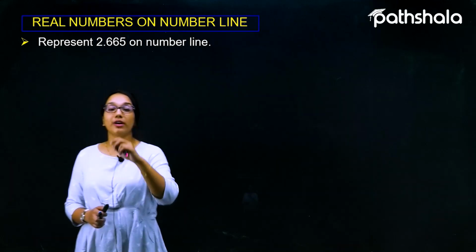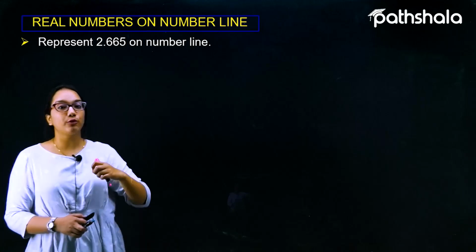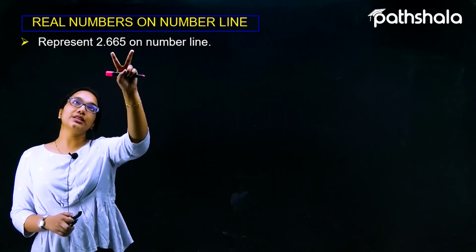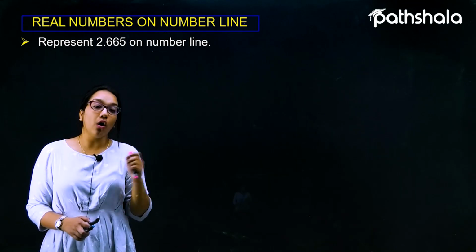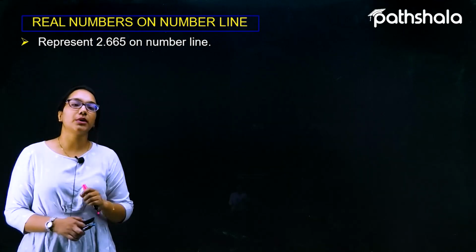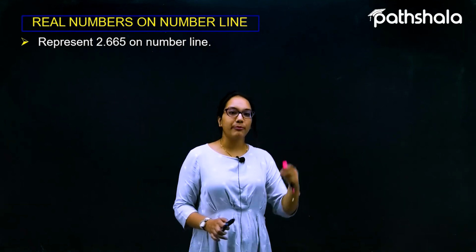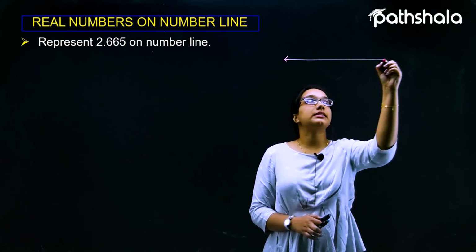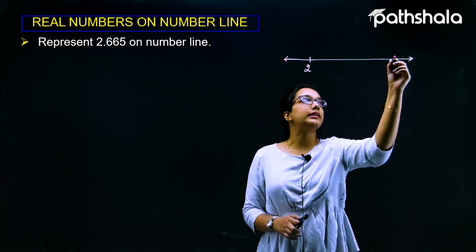First of all, I have to start with 2.6. We know that 2.665 is a number which definitely lies between 2 and 3. So the first step is that the number 2.665 lies between the points 2 and 3.